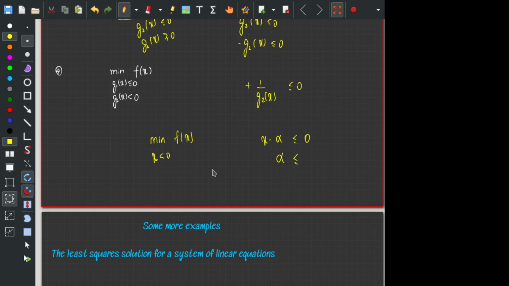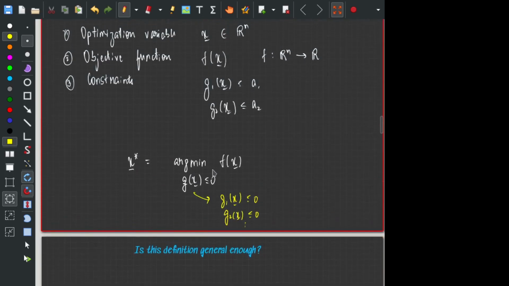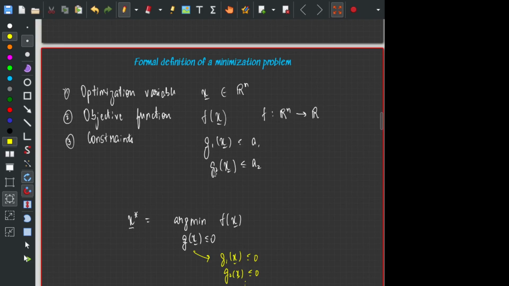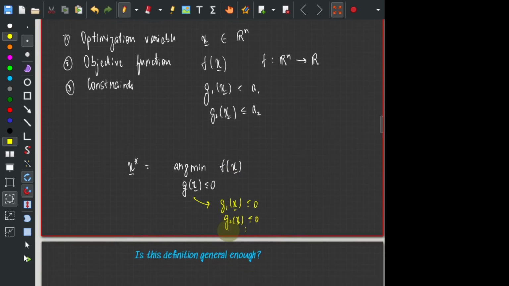This particular formulation doesn't handle all sorts of maximization or minimization problems. You have to be able to formulate it in this form in order to be able to solve things.